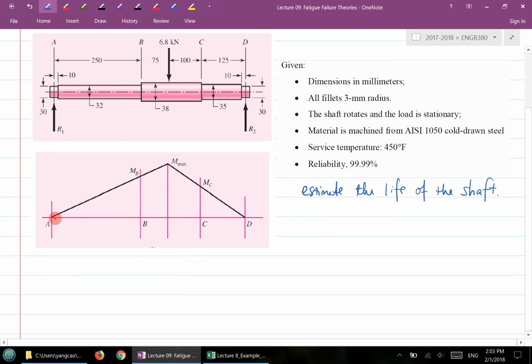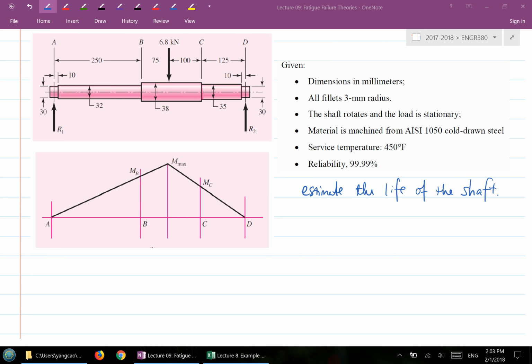To find a critical location, the first step is to draw the moment diagram. We mentioned that the bending normal stress caused by the bending moment will be more critical than the shear stress caused by the shear force.